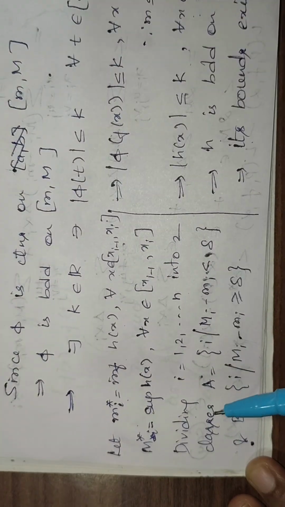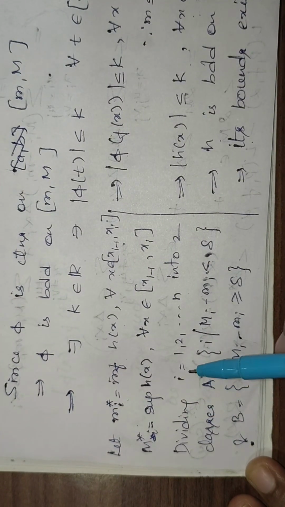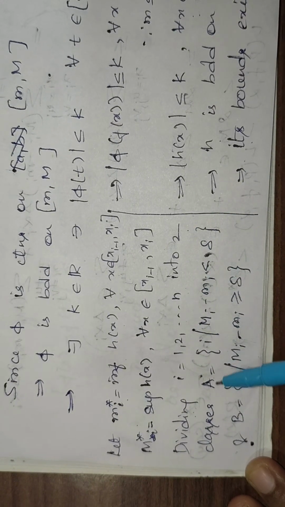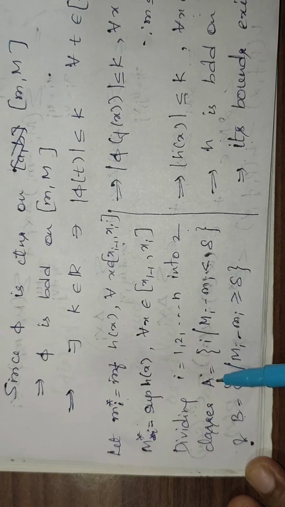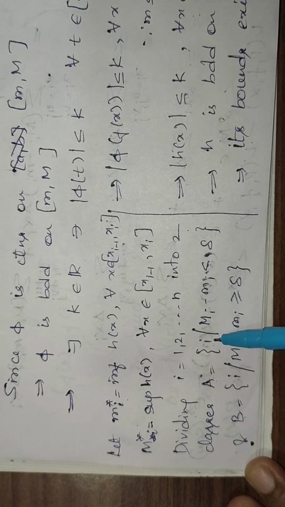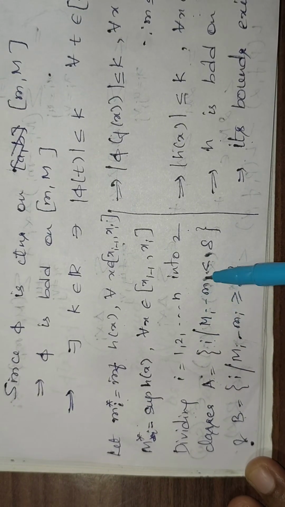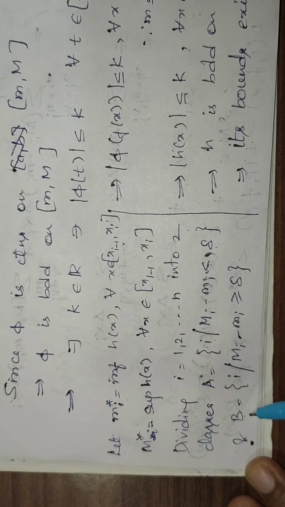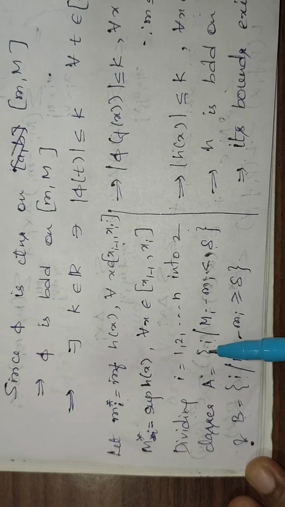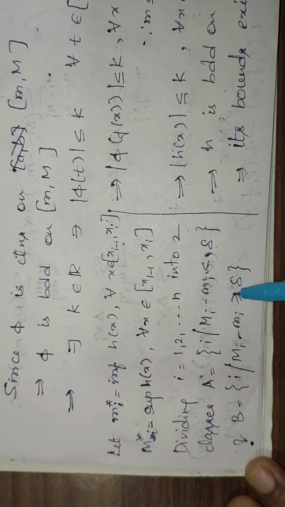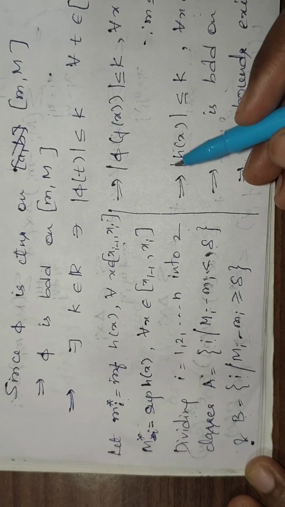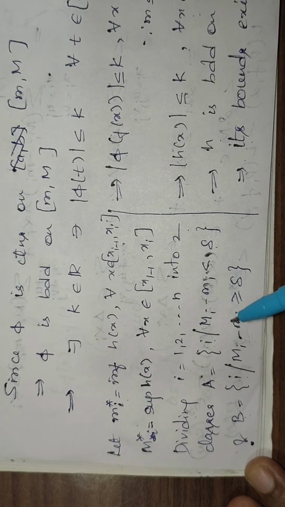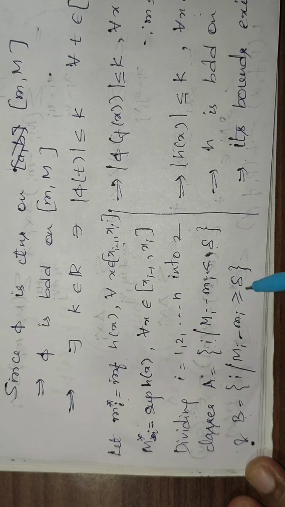See, I am now dividing I equal to 1 to n into two classes, A and B. Here in A, I am containing all I such that the difference between capital Mi minus small mi is less than delta. And here in B, I am collecting all I such that the difference between these two is greater than or equal to delta. I am taking one number delta, and this difference must be either less than delta, or greater than or equal to delta.